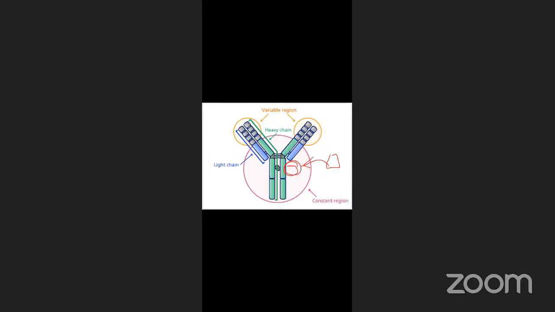Opsonization leads to the phagocytosis pathway. Immunoglobulin M plays a role in opsonization, which may lead to phagocytosis.